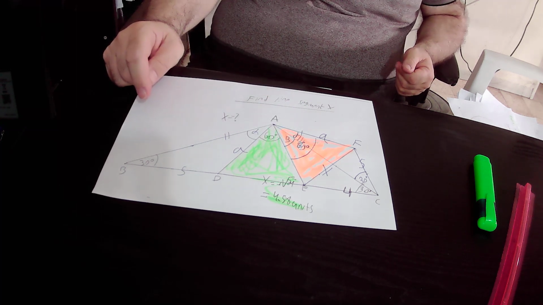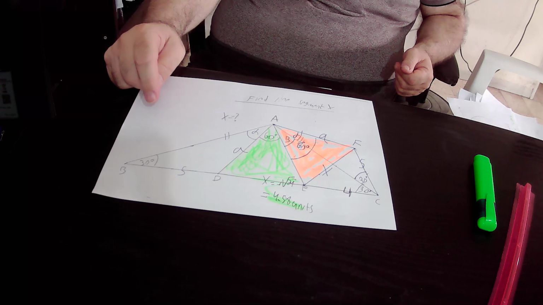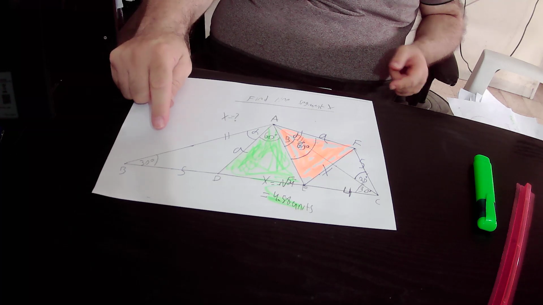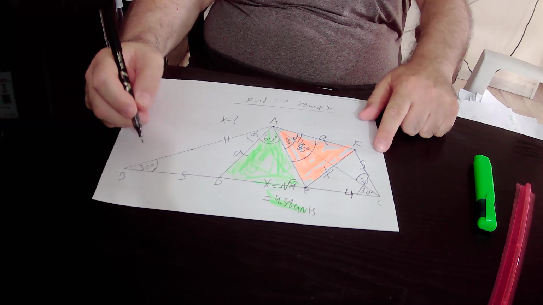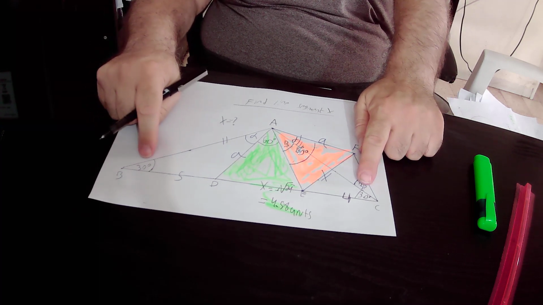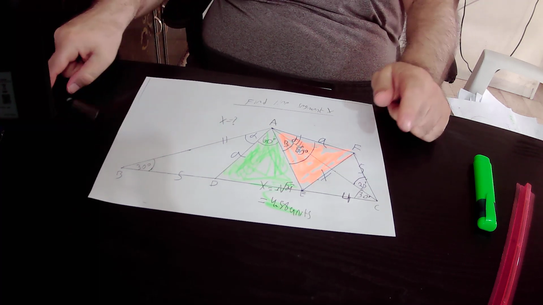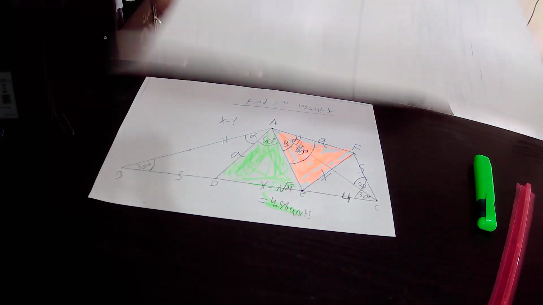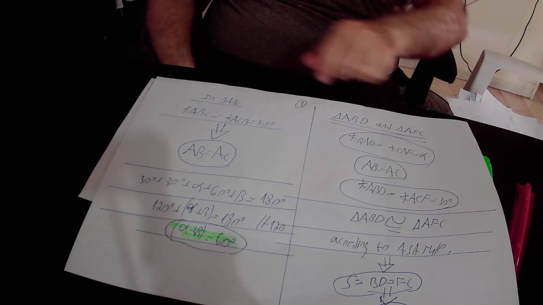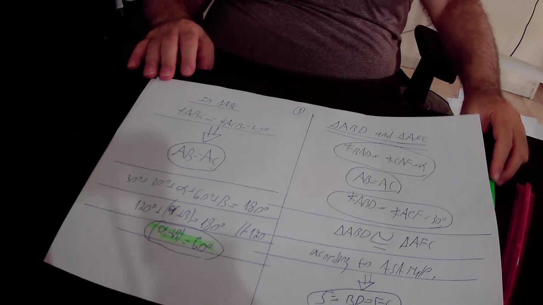Okay, so first of all we focused on triangle ABC. In triangle ABC, those two angles are equal to each other, they are both equal to 30 degrees. So angle ABC equals angle ACB, and they are both equal to 30 degrees.